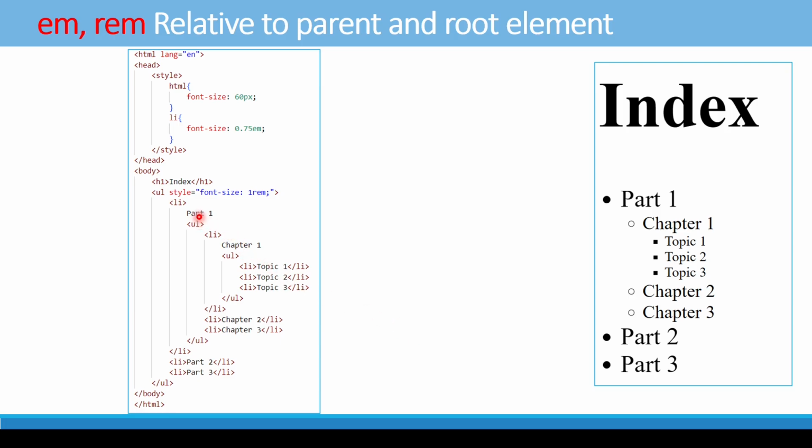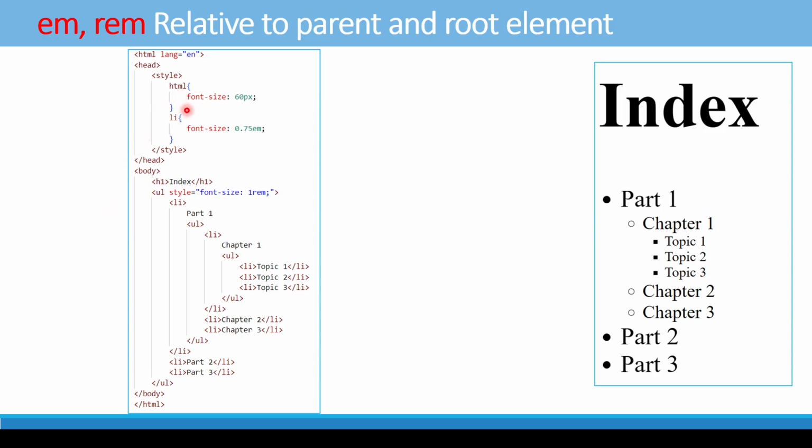In part 1, I create a nested list which contains also 3 list items, chapter 1, chapter 2, chapter 3. In chapter 1, I also create a nested list containing 3 items, topic 1, topic 2, topic 3.